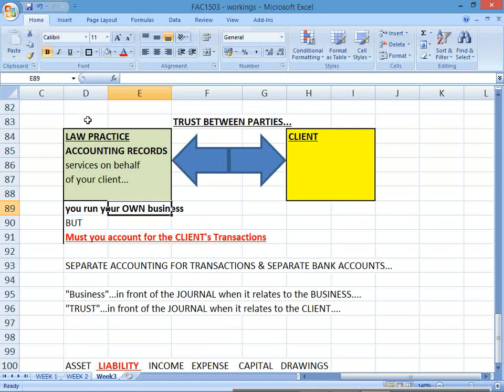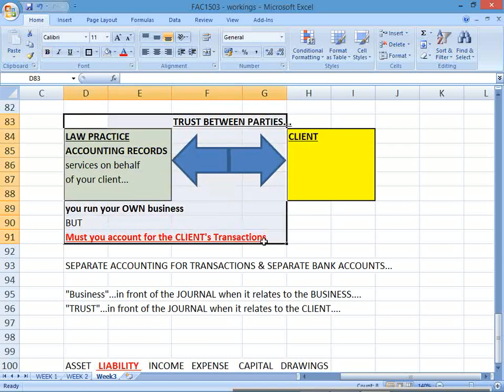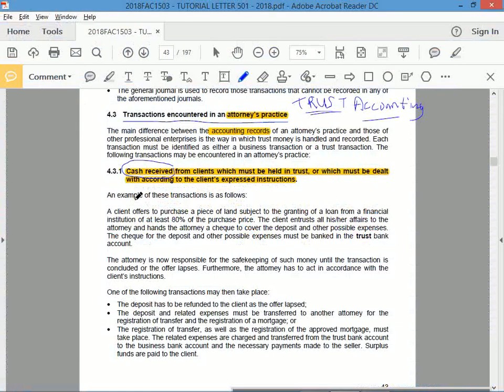That's the whole thing here, the trust between the parties. And that's why you've got to trust your lawyer, because it's a big thing. I mean, can you imagine dealing with a big company maybe, or a small company, or property, and let's say the property is worth $1 million or more, 10 million, 20 million. It's a lot. So now, do you trust that lawyer to act on your behalf? Hopefully. And that's why in the actual accounting, we need to show both.